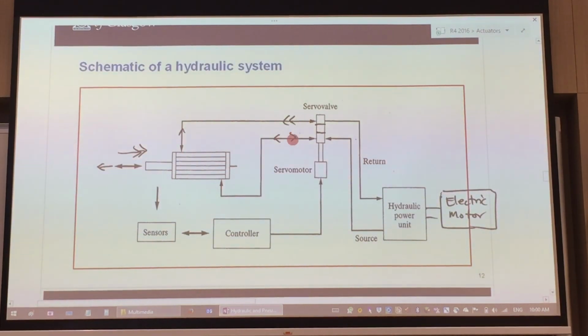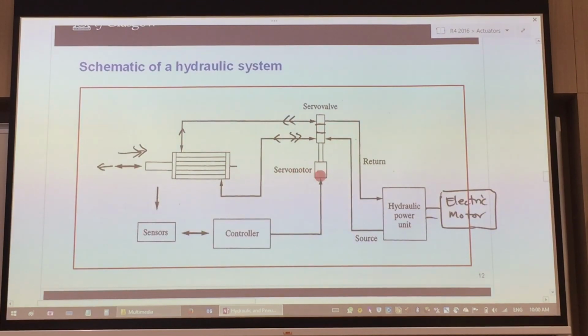It's going to come back, and then go to the return line. So your source and your return line are always going that way. But after your servo, it depends on which part of the servo valve you are using to actuate.